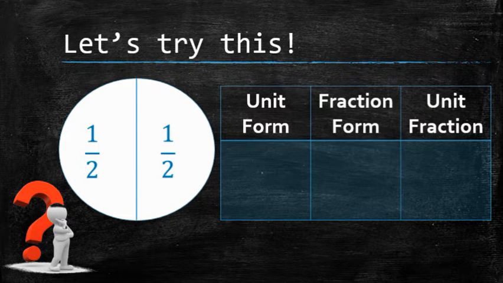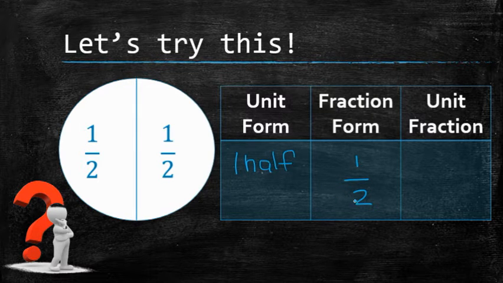Okay, so this is 1/2 and this is 1/2. So let's try this. You see there that we've got 1/2 here and 1/2 here. Okay, so the unit form is 1/2. The fractional form, or the fraction form, is 1/2. And those are the same, right?